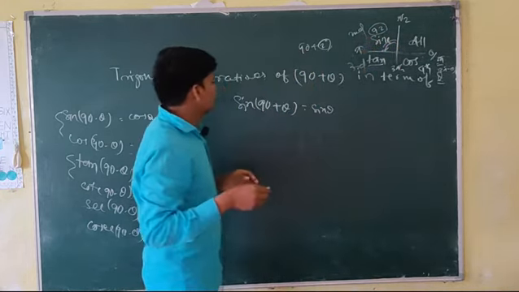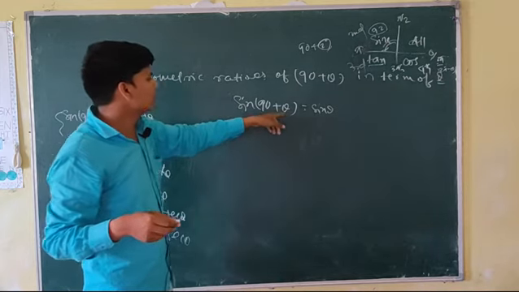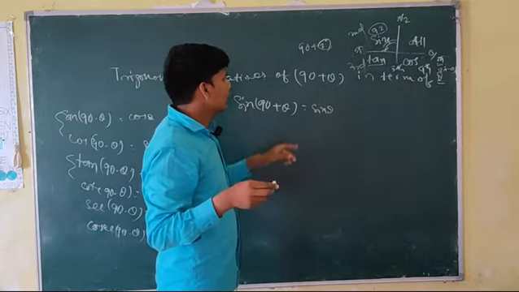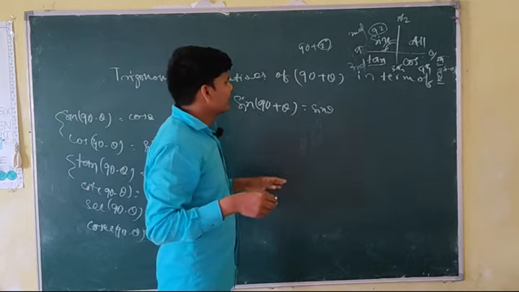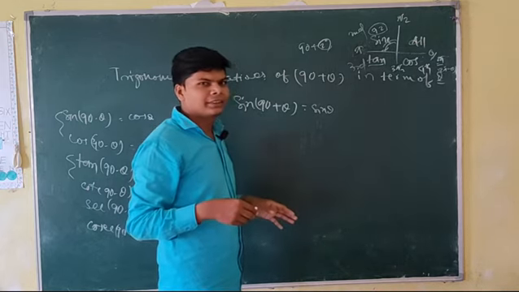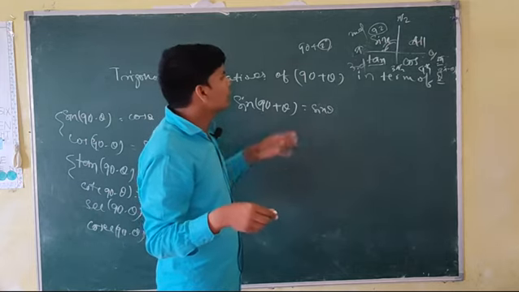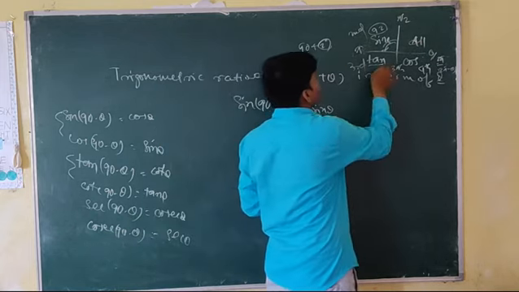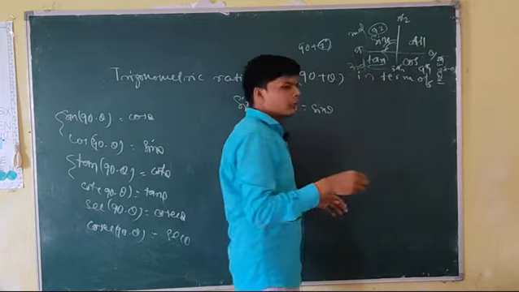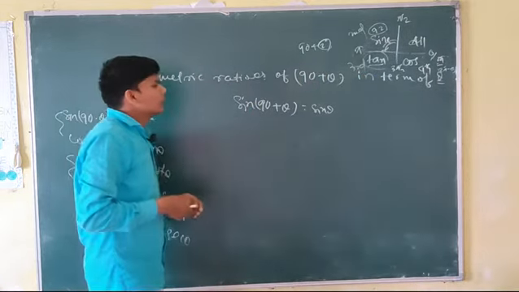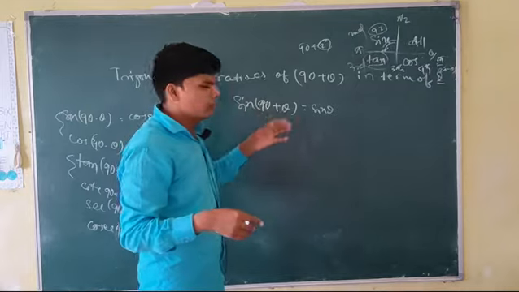So any angle 90 plus theta will be in this quadrant, given that it is between 90 and 180. If it exceeds 180, then it will go to the third quadrant. We will decide that in the next formula.